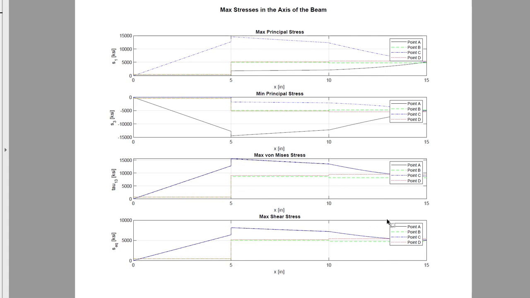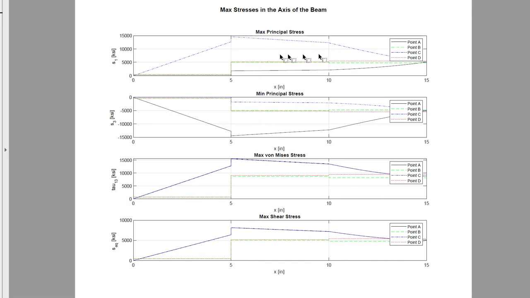So what you're really doing here is choosing the critical location among point A, point B, point C, and point D, and finding the principal stresses for each one of those cases. You can see that this is going to be the critical location, which we already decided.